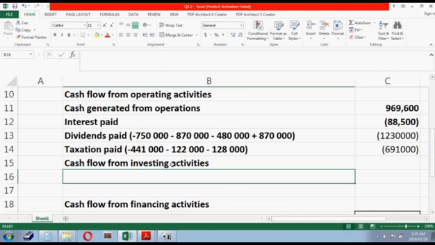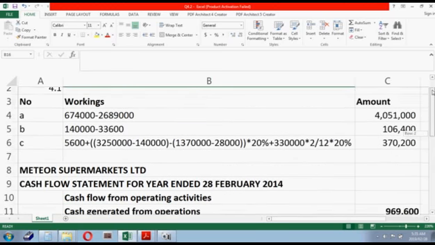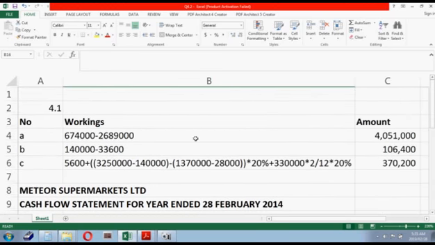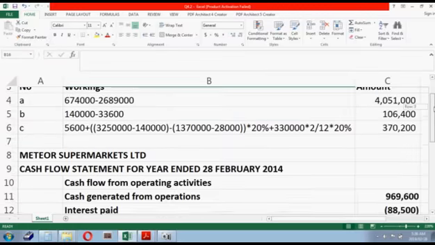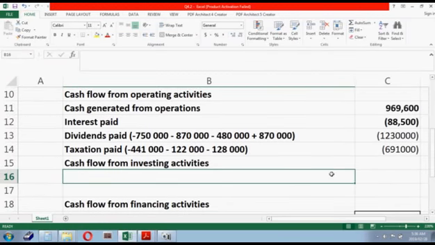Next we have the cash flow from investing activities. And we know from the first part that we actually did purchase assets during the year, which will result in an outflow of cash. So therefore we have purchase of assets.